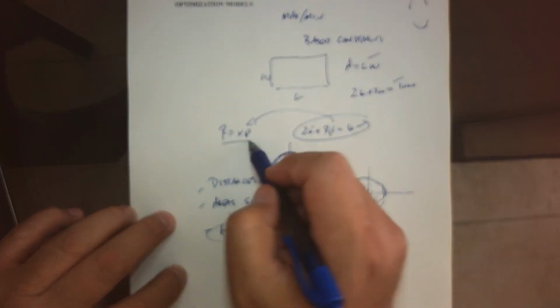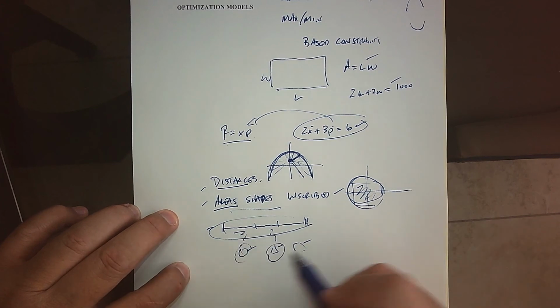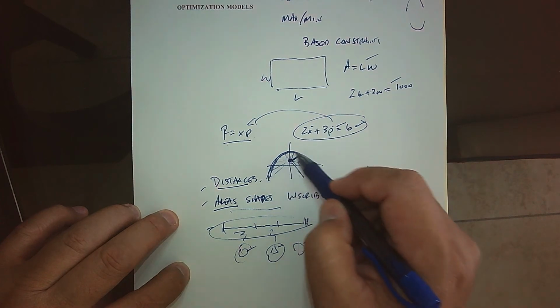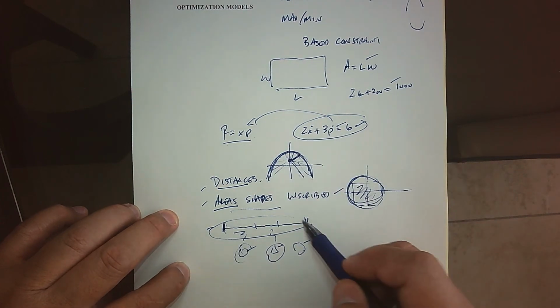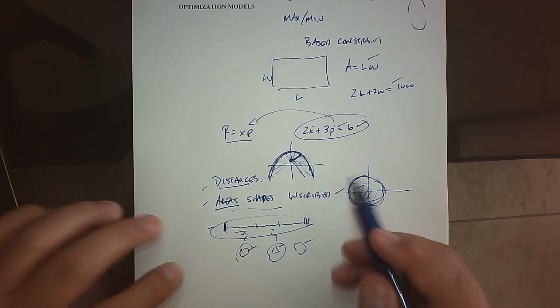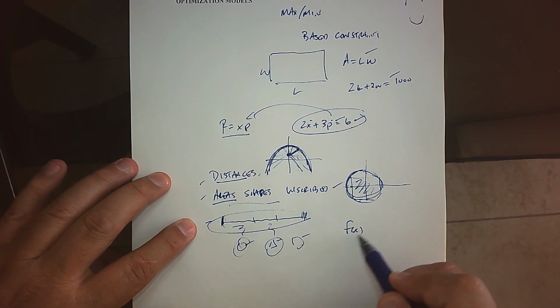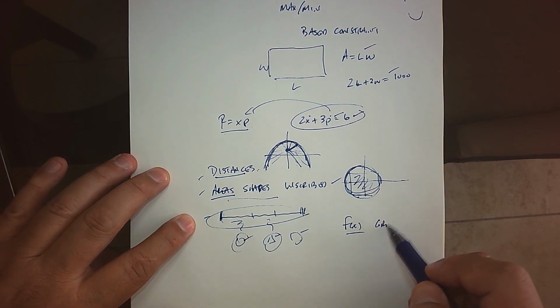Again, there's going to be some sort of a distance formula or an area formula regarding the shapes, and then there's going to be a constraint. So we're constrained by a graph, or by some other graph, or by how much wire I have. And in each one of those cases, we're going to build a function. We'll just call it f of x right now. And once we have that function, we can graph it.